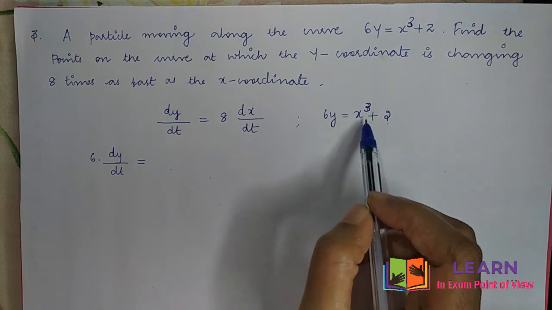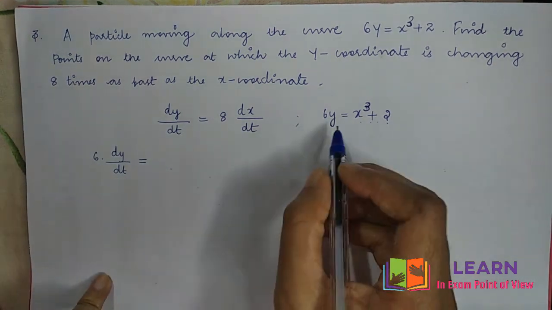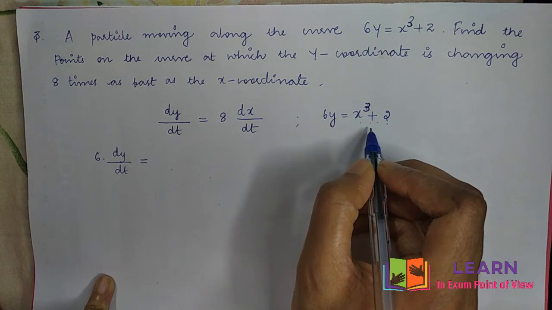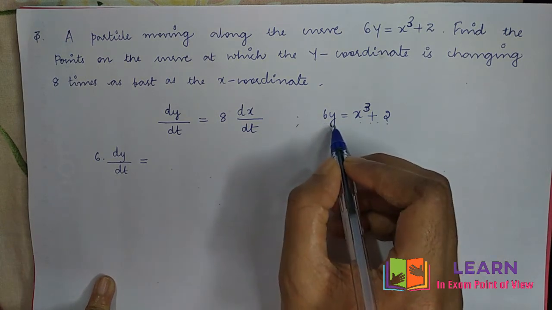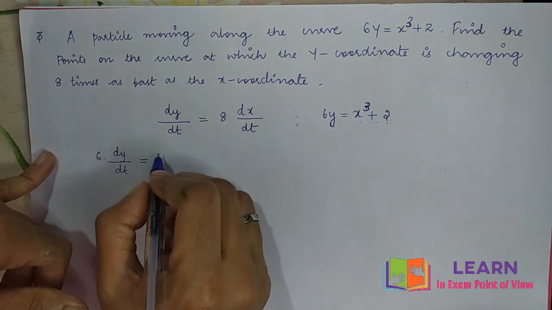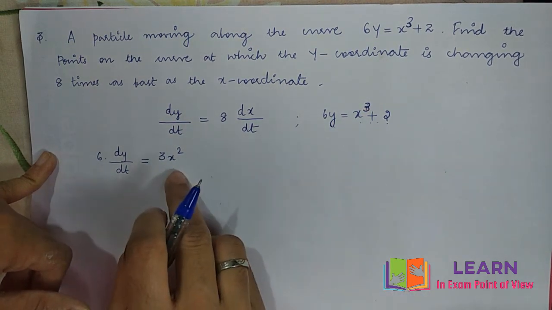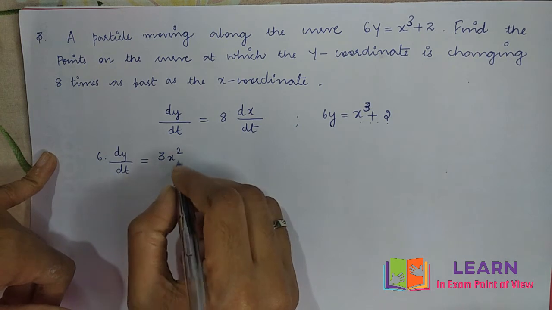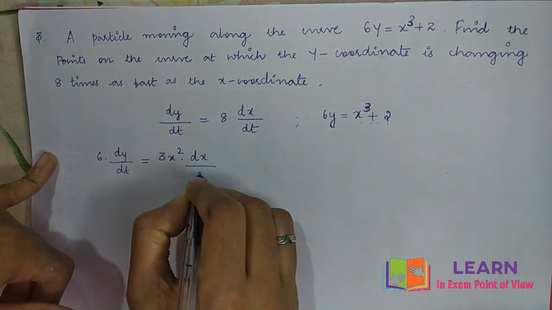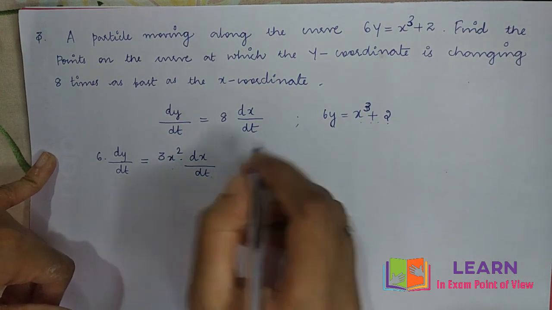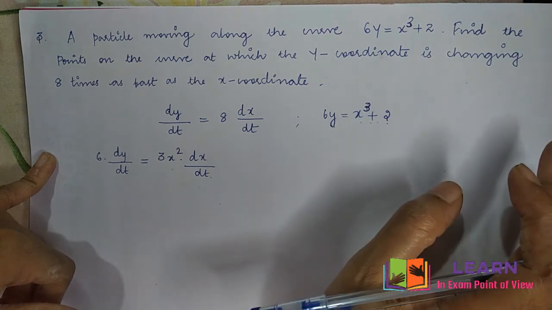Not x square, x cube plus 2. So differentiating this curve with respect to t, you will get 6 into dy by dt equals 3x square, differentiating x cube, and again for x you write dx by dt. Plus 2 is a constant, so 0.